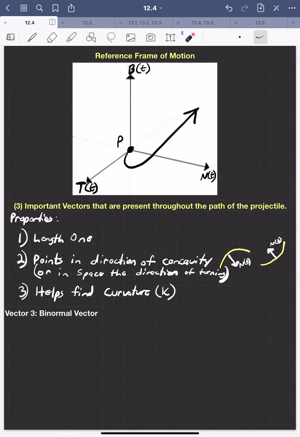The final vector, which we won't spend a lot of time discussing, is going to be the binormal vector, or B of t. I'll go ahead and define it. So the binormal vector is just going to be the cross product of the previous vectors.